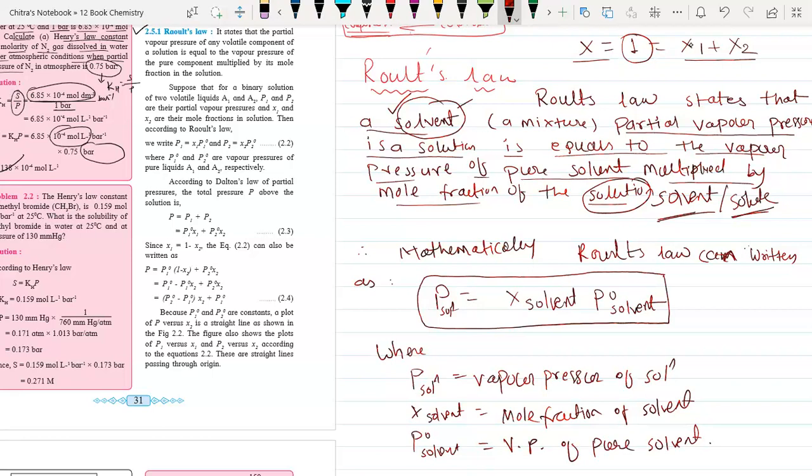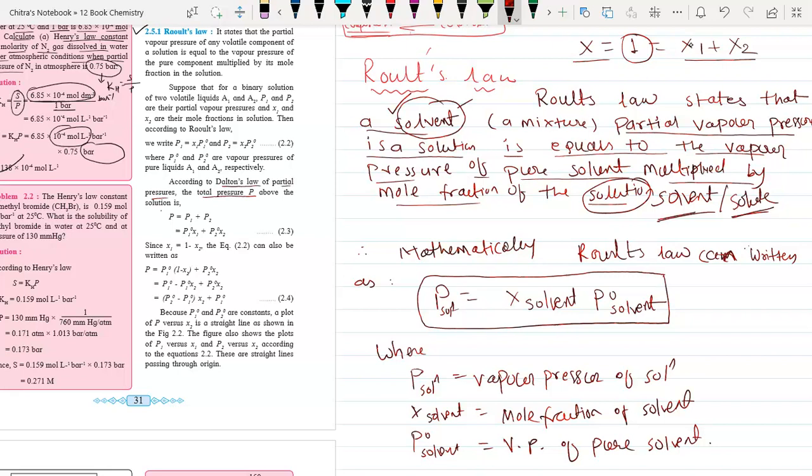No, sir. Okay. Now let's discuss from the notes. According to Dalton's law of partial pressure, the total pressure of any solvent, beta, is equal to the vapor pressure of solute plus the vapor pressure of solvent, right?